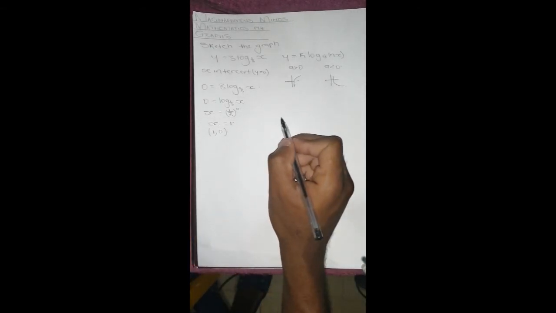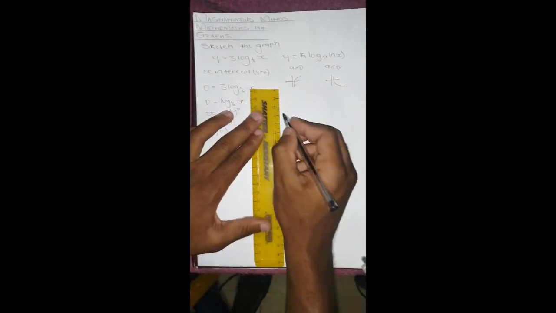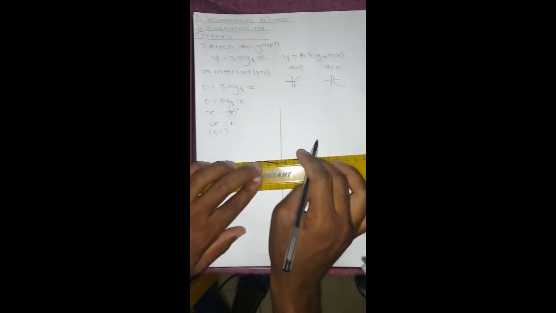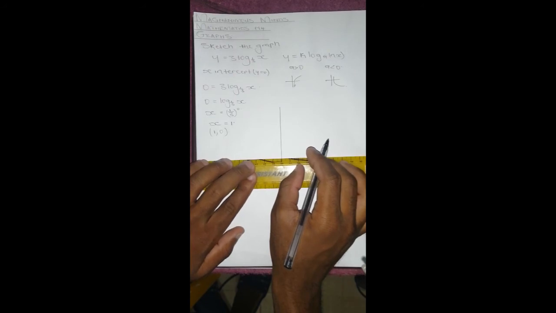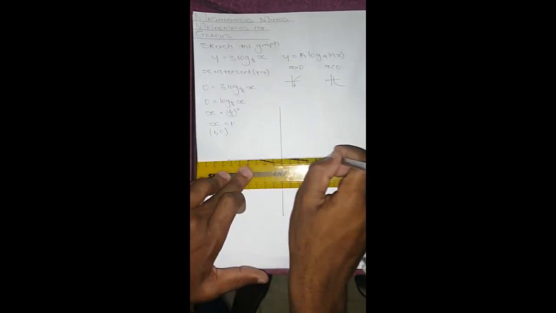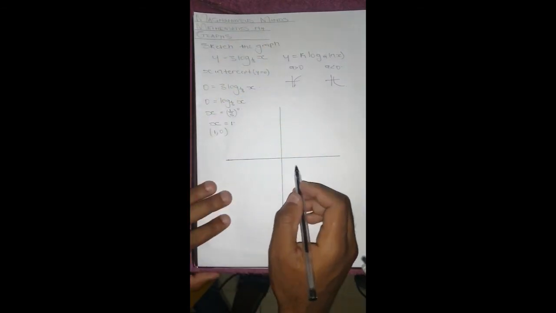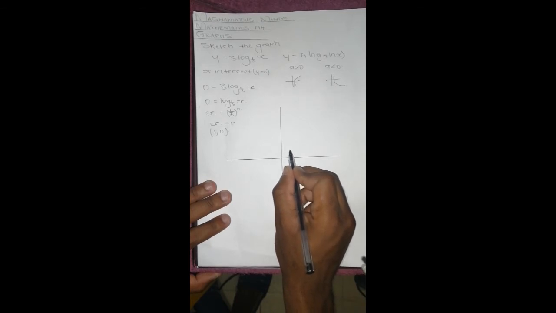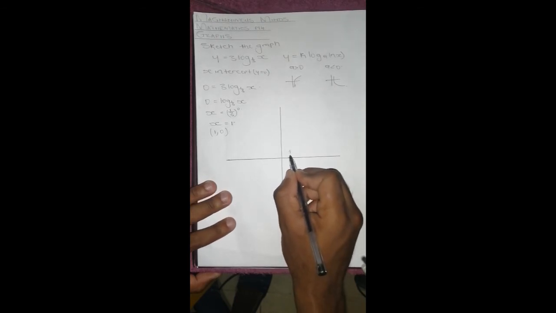And then sketching that graph, we're going to have something like this. Let's see, our 1 is right here. So our graph is going to be something like this.